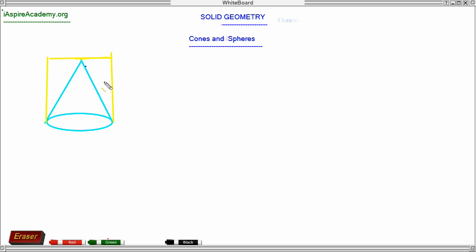In case you haven't gone through the cylinder lessons, please go through them, because it's very easy to associate cones with cylinders.